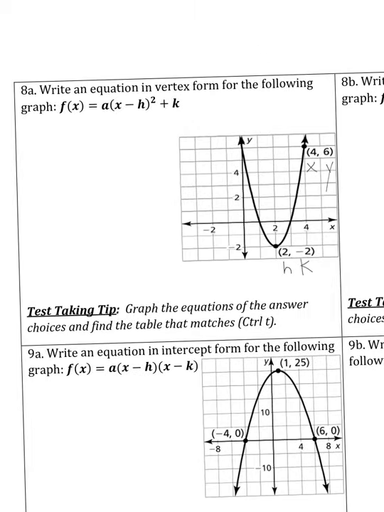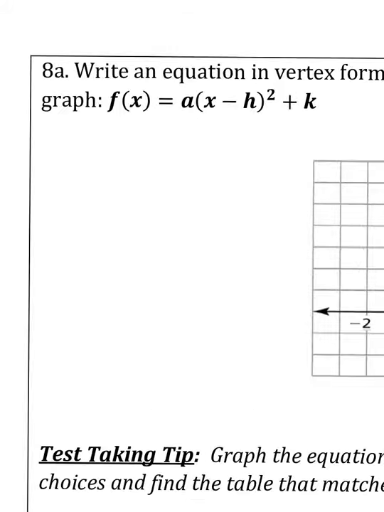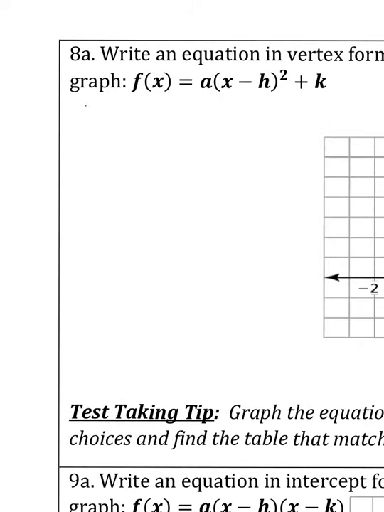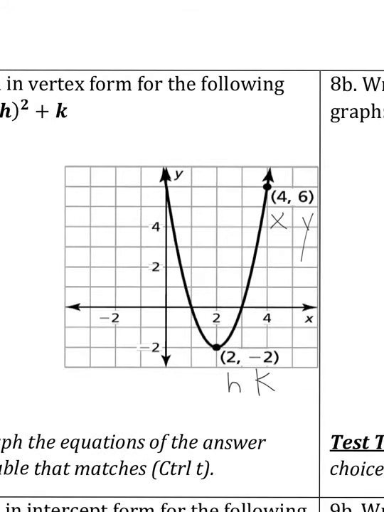So if I'm going to do this by hand, I'm going to plug in everything you know and figure out the a. So f of x is y, and y was 6. So I'm going to write down 6 equals a times, and then x was 4. 4 minus h is 2.